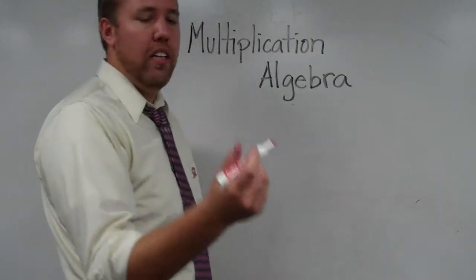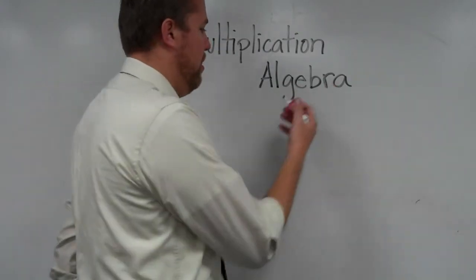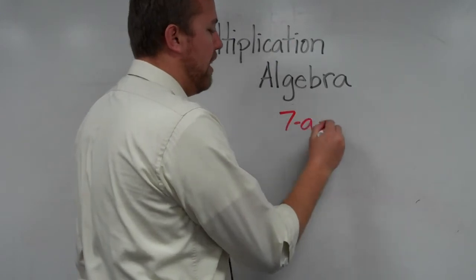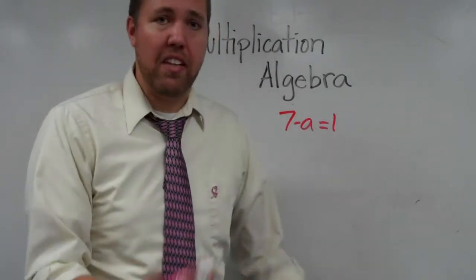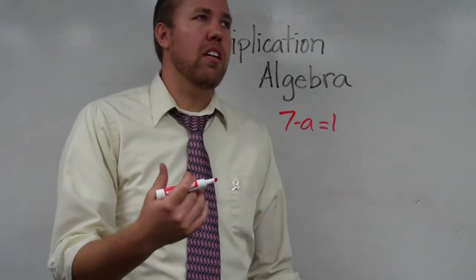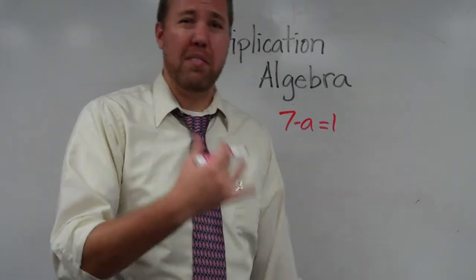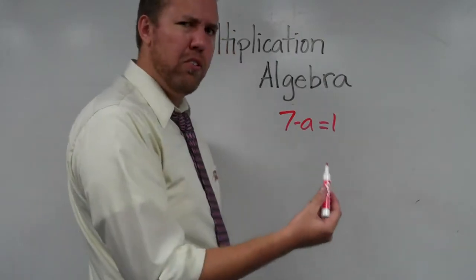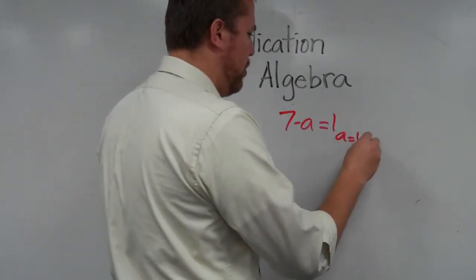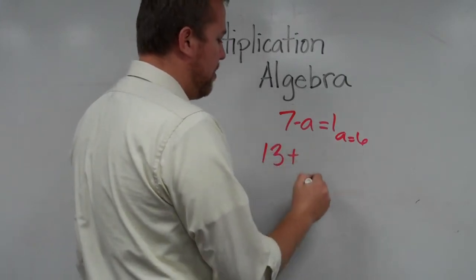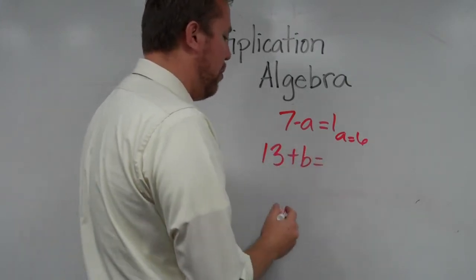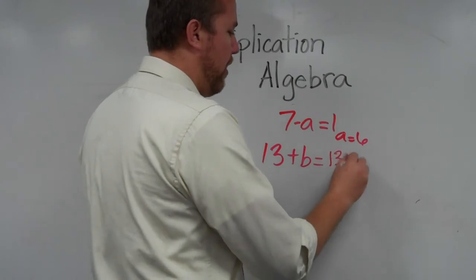You might see in other operations, 7 minus A equals 1. What does A equal? Well, if I have 7 and I take away a certain amount to get 1, I'm taking away 6 again. I've used 6 a lot. I'm sorry. I'll try and get something else. I might do 13 plus B to equal 130.